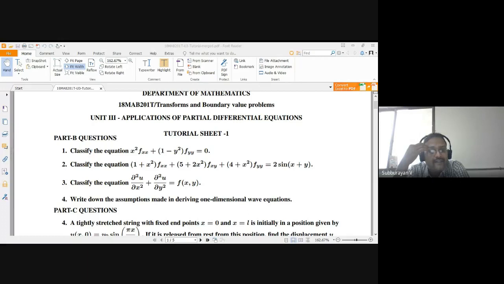They may ask some conditions to derive the equations. You have to write down at least 4 assumptions to get 4 marks. Write down those assumptions.